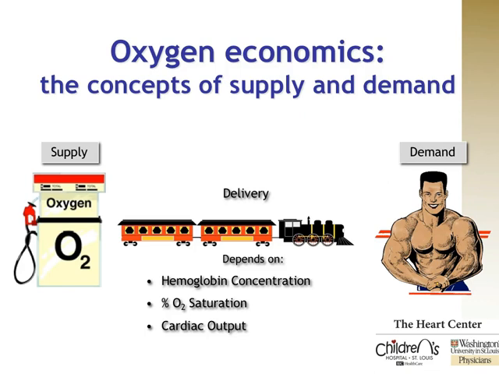And then cardiac output is how fast the train is running. So those three features, how many boxcars you have, how full they are, and how fast the train is moving, are what determine the oxygen delivery on a minute-by-minute basis.